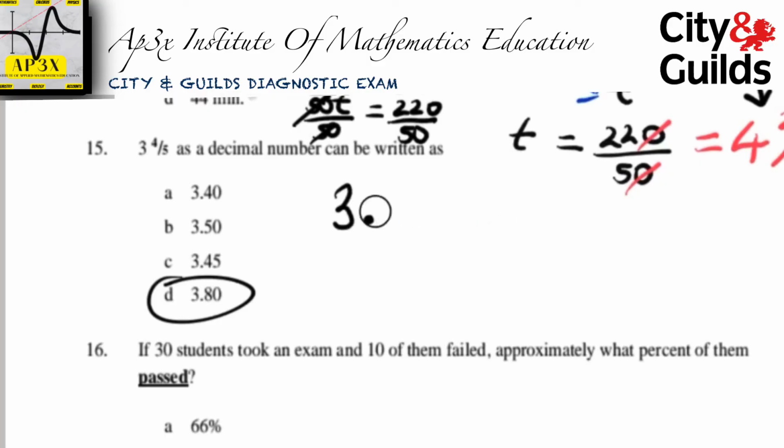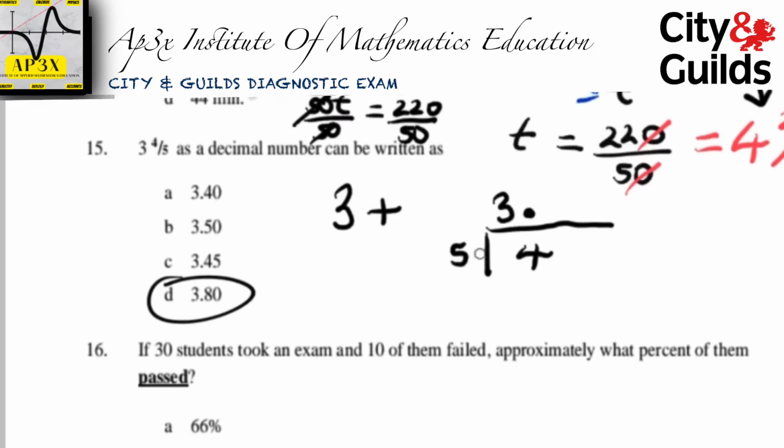It's going to be 3 plus the value that I'm going to get over here. So 4/5, meaning that I'm dividing 4 by 5. I know it's going to be 3, and I'm going to try to figure out what goes here.